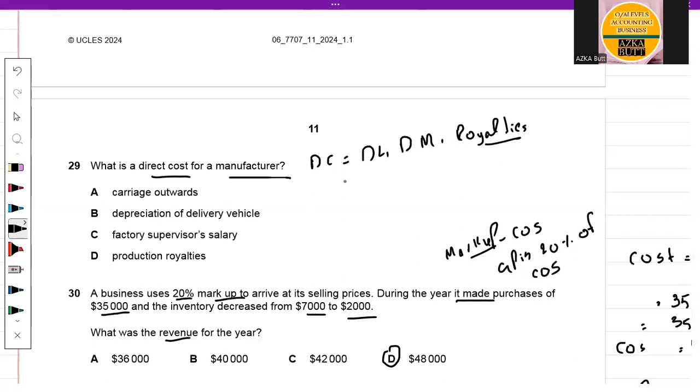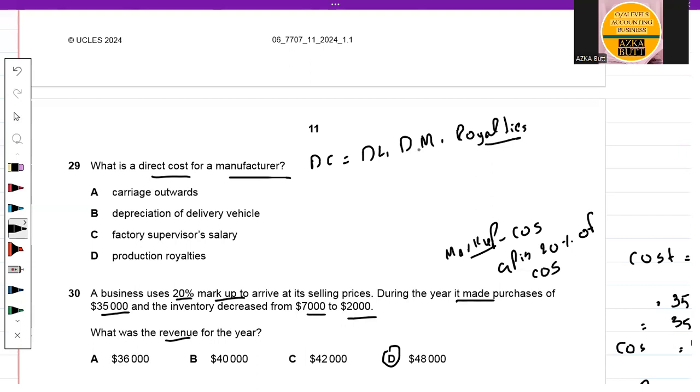If you see the option, production royalties. What are royalties basically? For example, if you are preparing a good and you have to patent your design, or if you just want to have a copyright, you have to incur some expenses, because this expense is only done for a product.